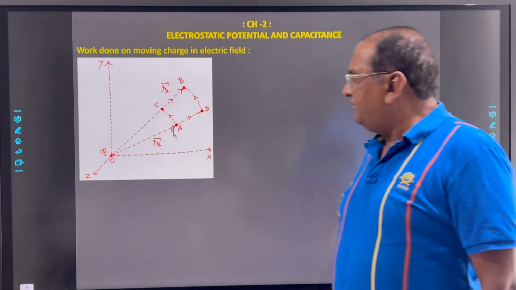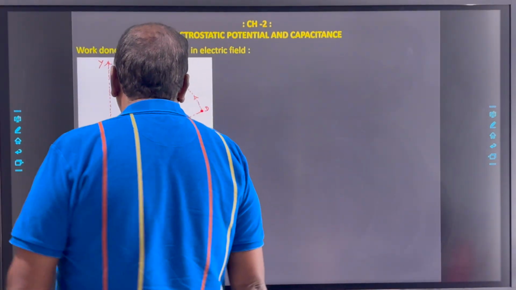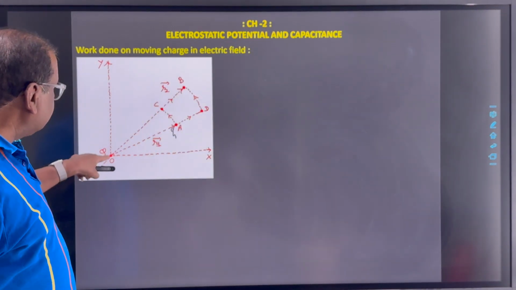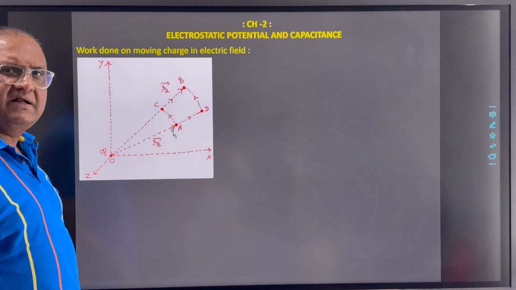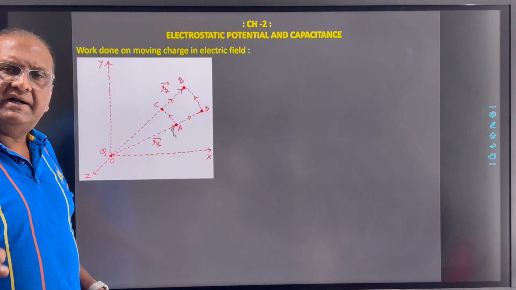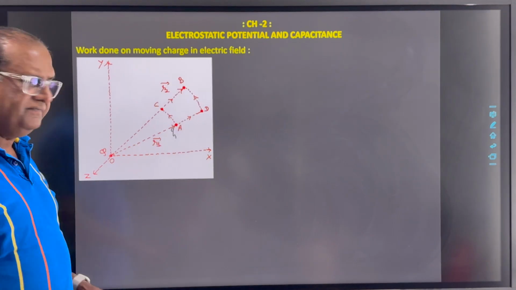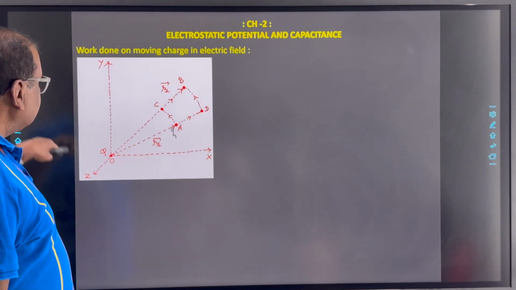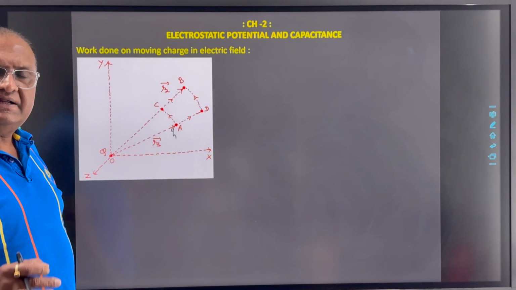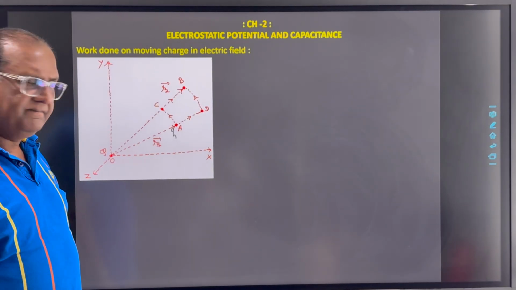See, suppose here we consider a source charge capital Q which is at the origin of Cartesian coordinate system, and now in the space its electric field is prevailing.